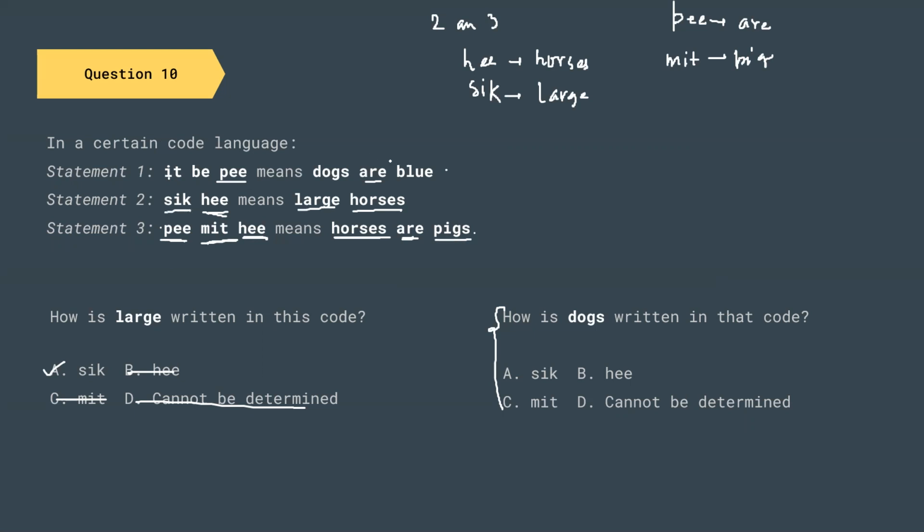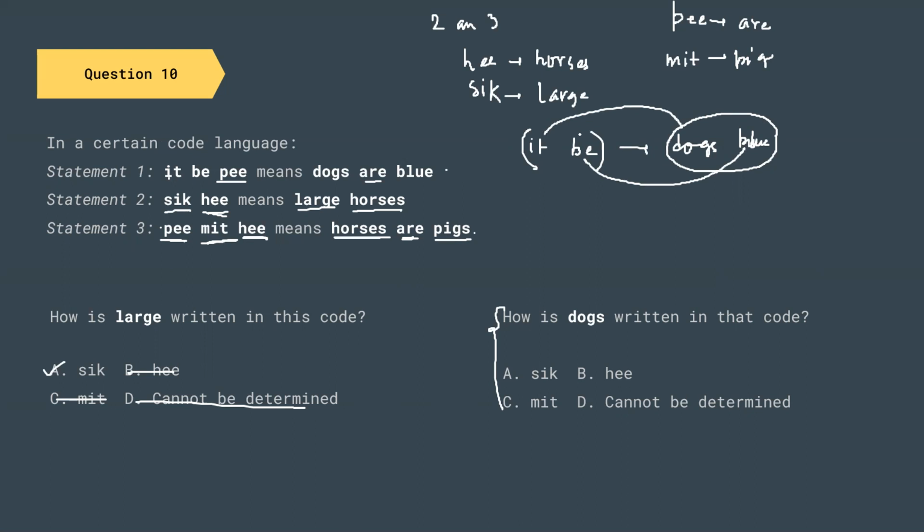Now there are only two words that are remaining. The two words are "it" and "be", and these two words are encoded to "dogs" and "blue". But we are not sure which word is encoded to which word. Now let us think. "It" can be encoded to "dogs" and "be" can be encoded to "blue".